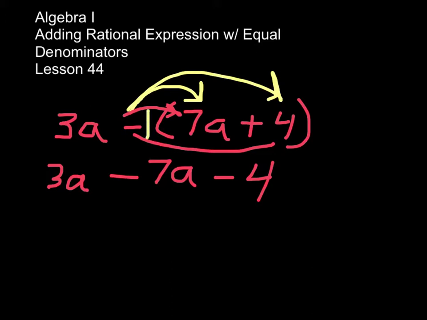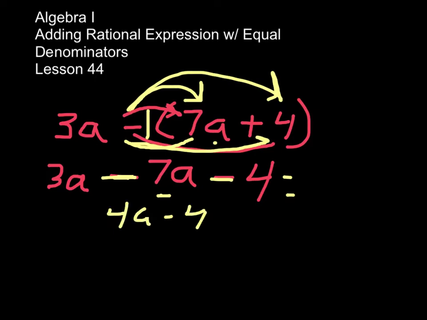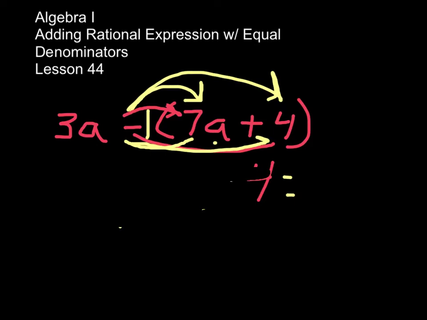So really you're distributing a negative 1, aren't we? So I took a negative times a positive, and we get my negative here, and 1 times 7a is 7a. Then I took my negative times my positive, which is negative, and 1 times 4 is 4. And then we could simplify this. 3a minus 7a is negative 4a minus 4. And I'll emphasize this again as we get into some of those examples that use the distributive property.